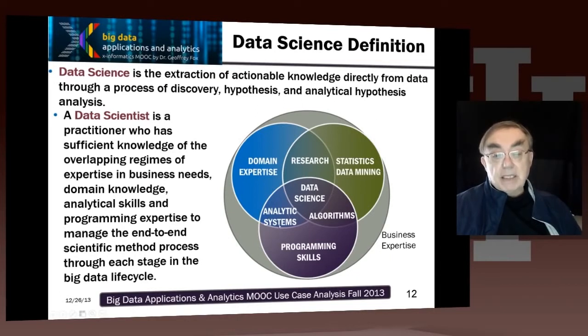We have analytics, and here we have the integrating idea of data science in the middle. Analytics involves algorithms and applied mathematics and convergence and rigorous things. This is all very closely related to statistics and data mining. They're sort of the same thing looked at from different points of view.